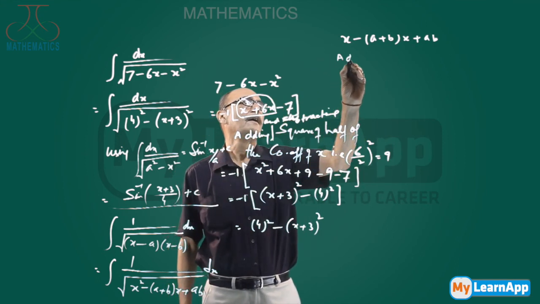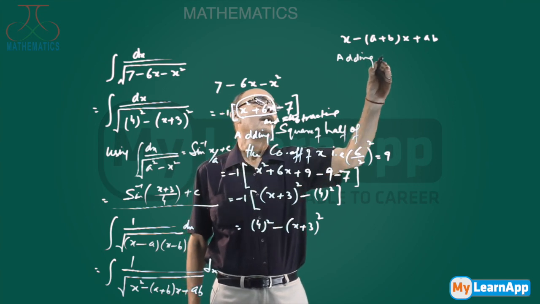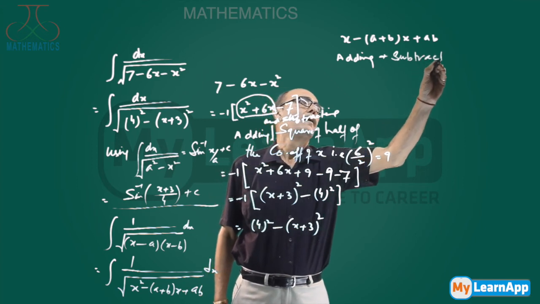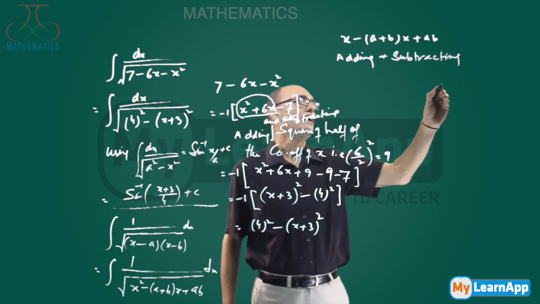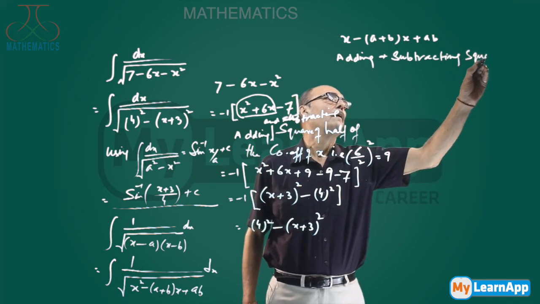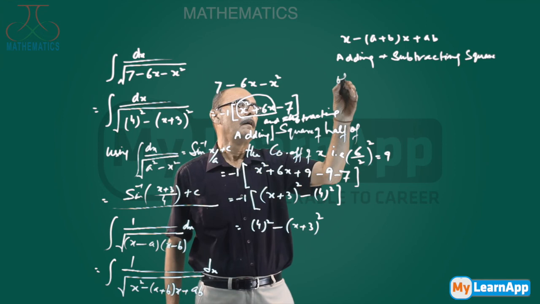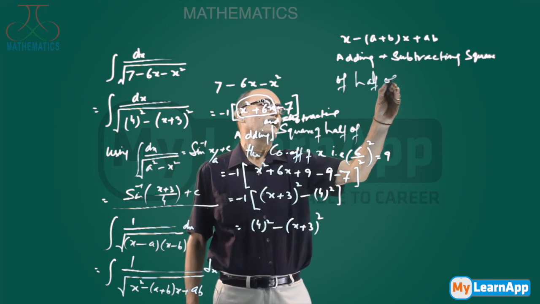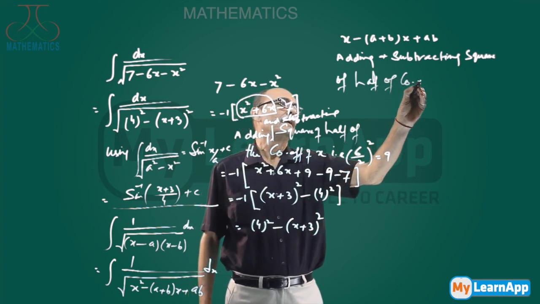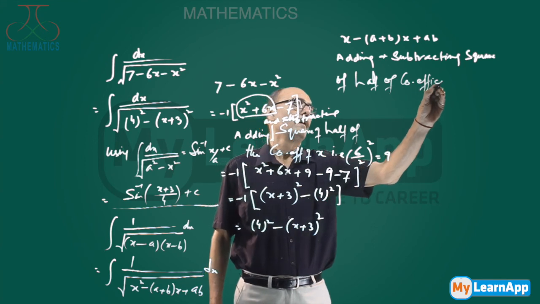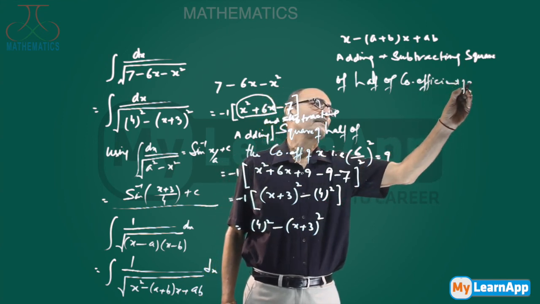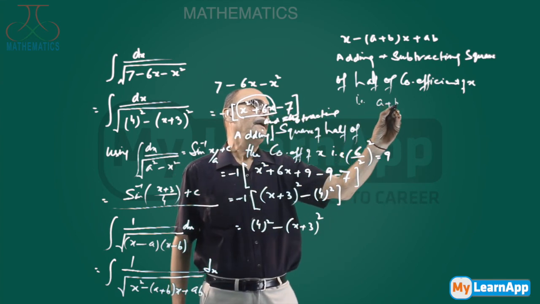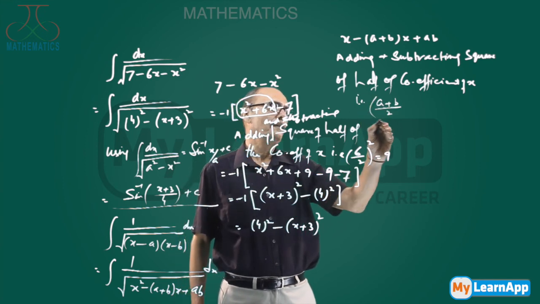Adding and subtracting the square of half of the coefficient of x, that is a plus b divided by 2, it becomes half and then square it.